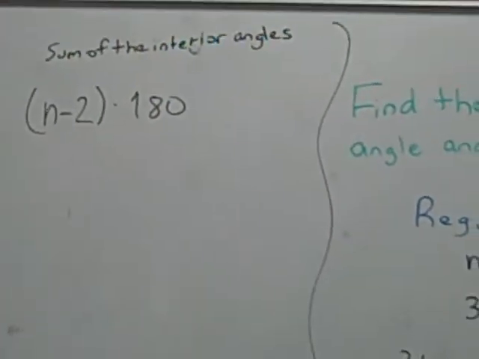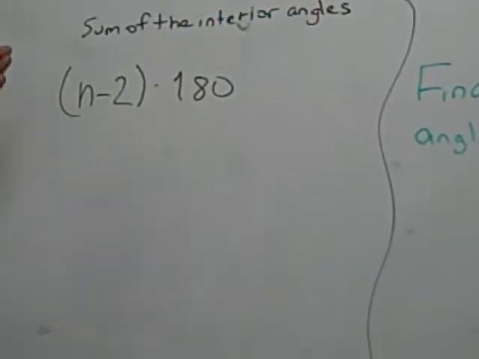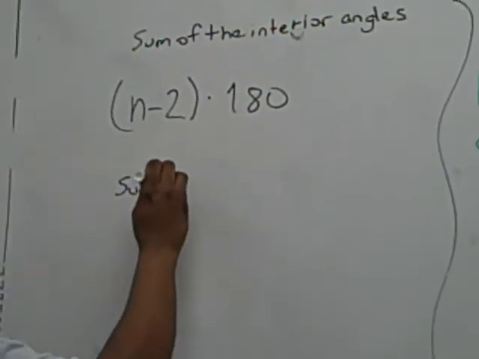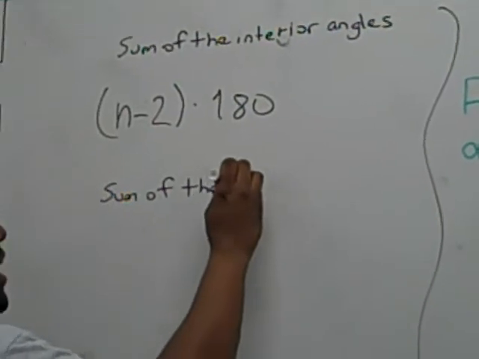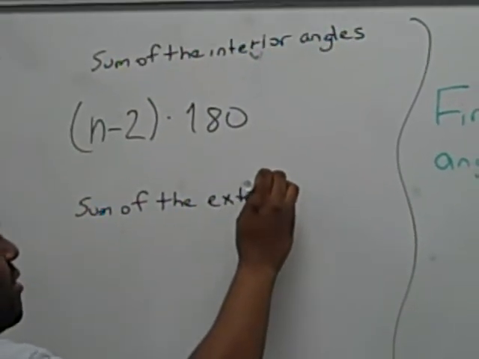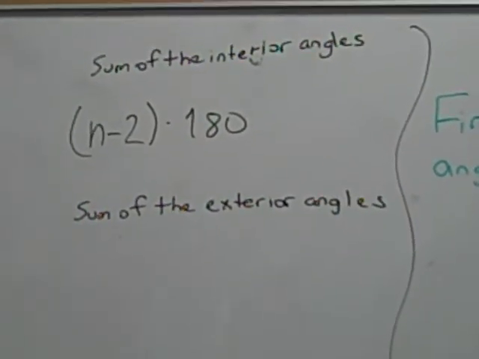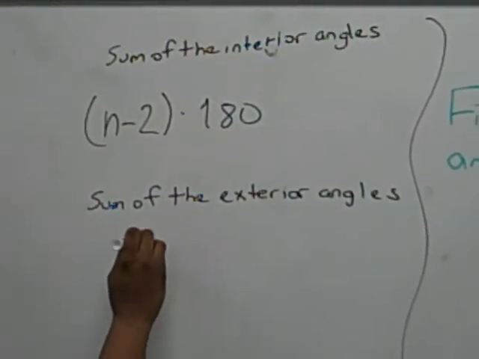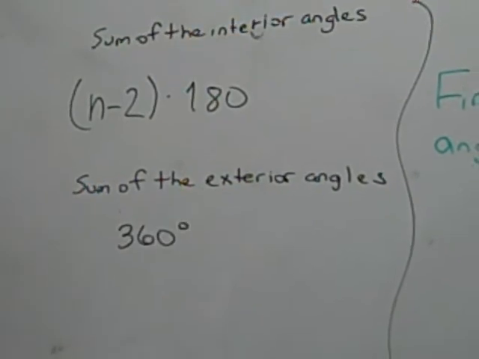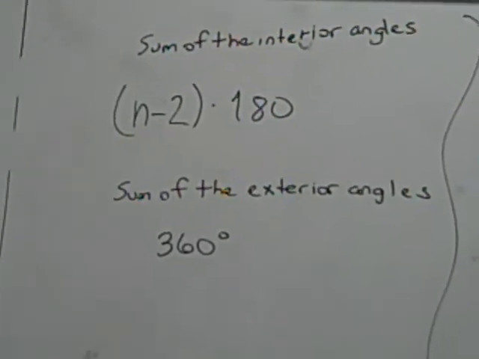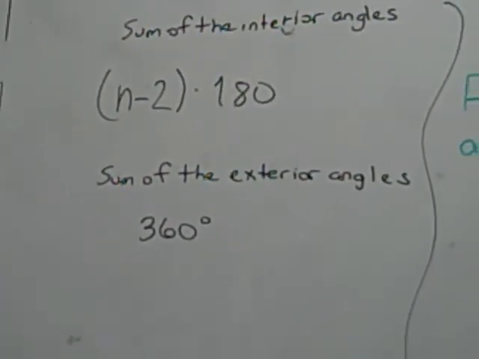Sorry about the spelling, but there you go. And then remember also that the sum of the exterior angles always equals what? That's right, 360 degrees. These are the two things that you need to remember to complete the problems for this section.